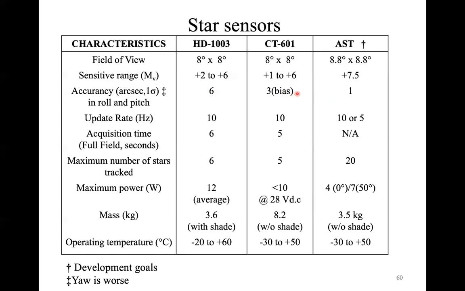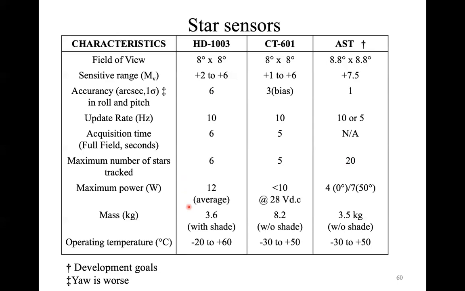But in general, these accuracies are also related to the error sources that you have in your instrument. So, for example, this one gives you a better resolution of the attitude because it is able to track a larger number of stars.